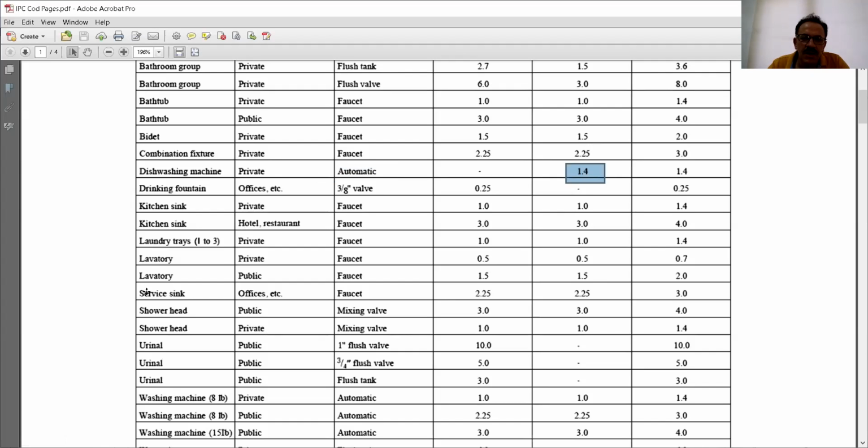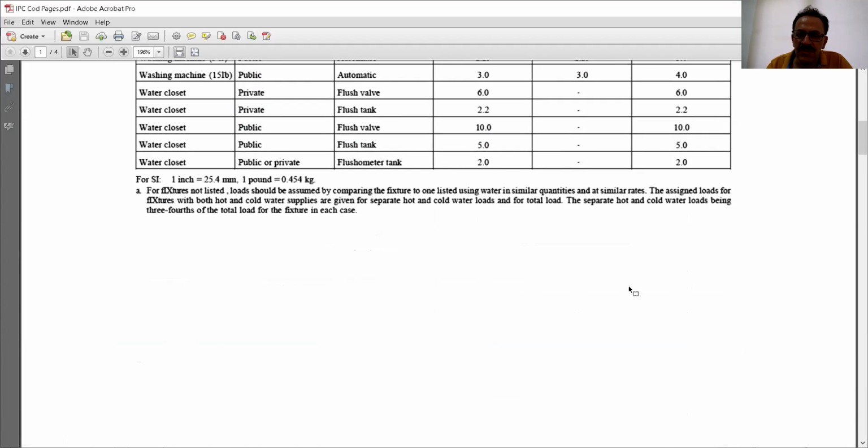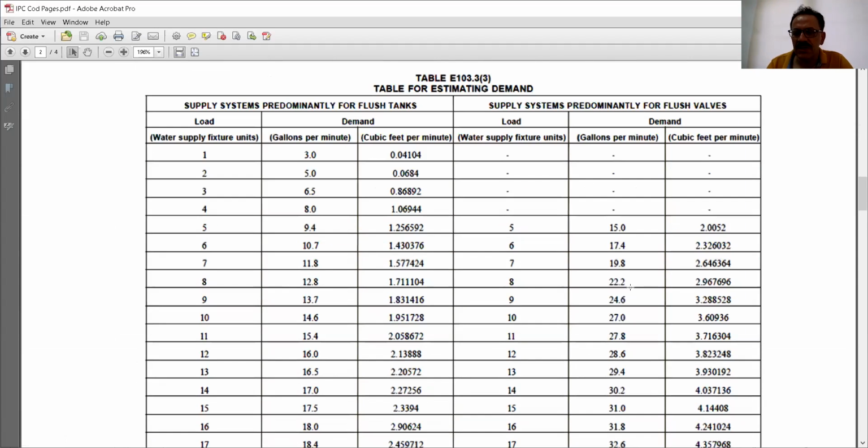In your house, you have a dishwashing machine, okay? So that's 1.4. And certainly you have a kitchen sink, that will be 1. So both of them, 1.4 and 1, that's 2.4. To know the load for 2.4 together, you have to go back to here. What will be the 2.4?